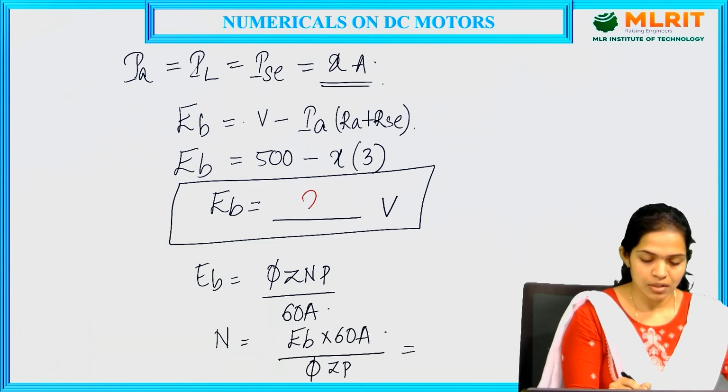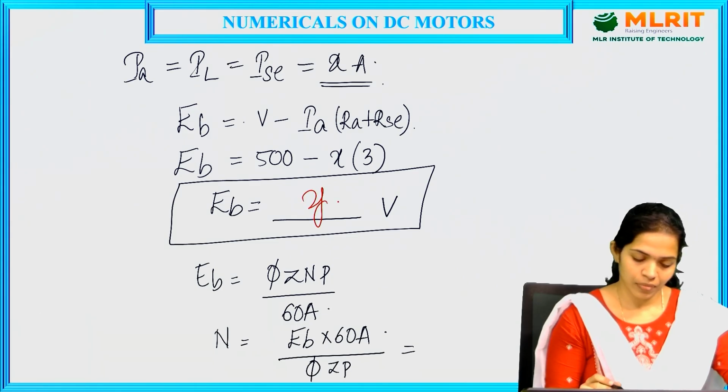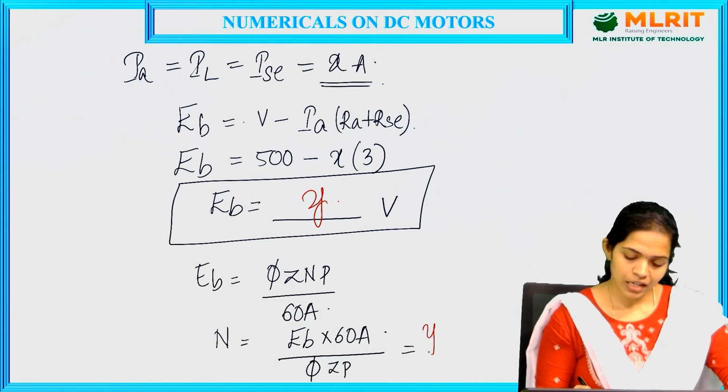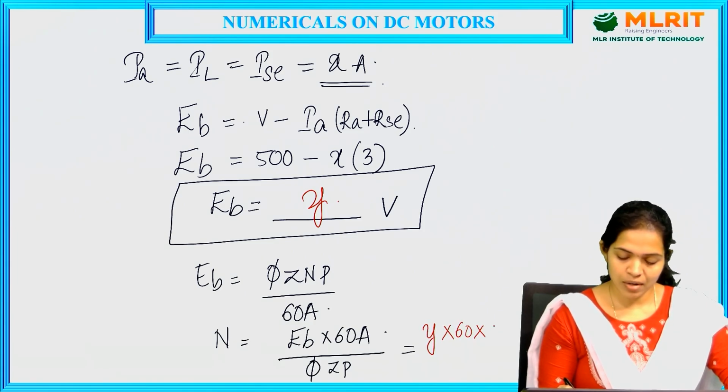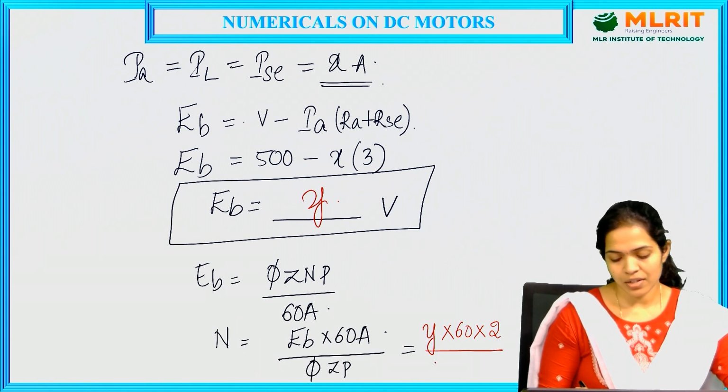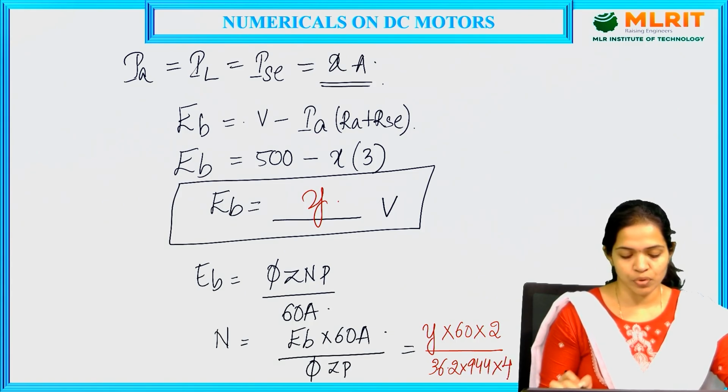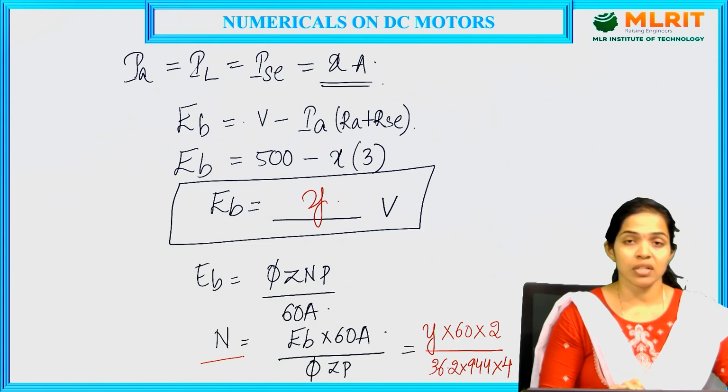Let us consider this value as Y. Substituting Y here, 60 into number of parallel paths, 2 as it is wave connected, and flux is given as 36.2 milliwebers, number of conductors 944, number of poles 4. So we get the speed of the motor in RPM.